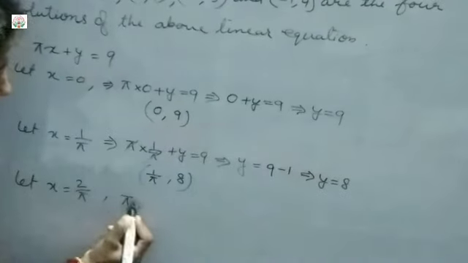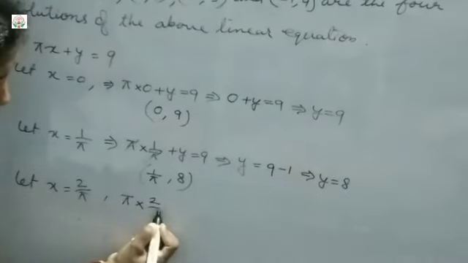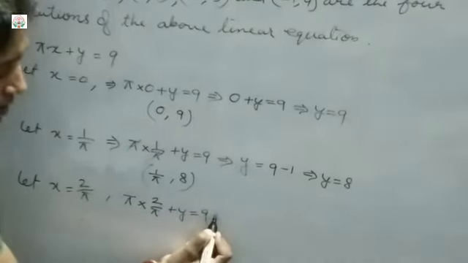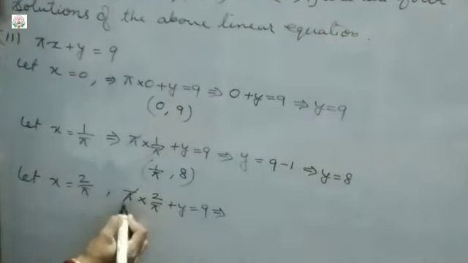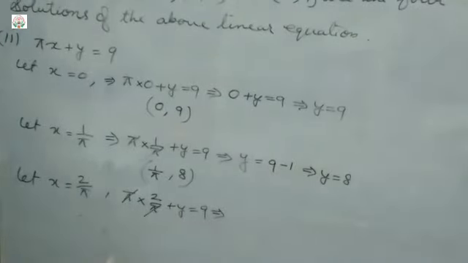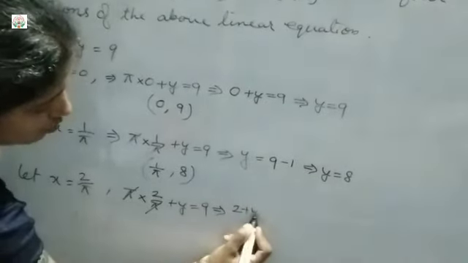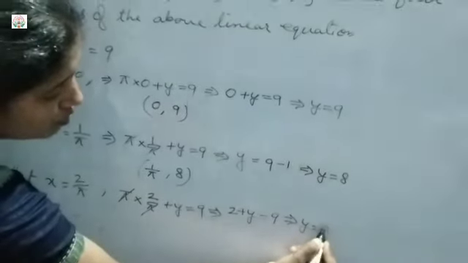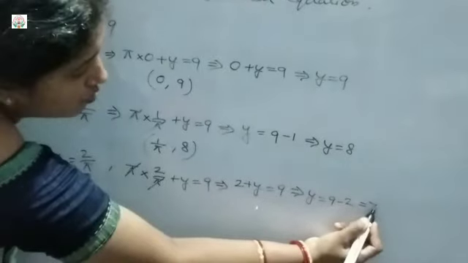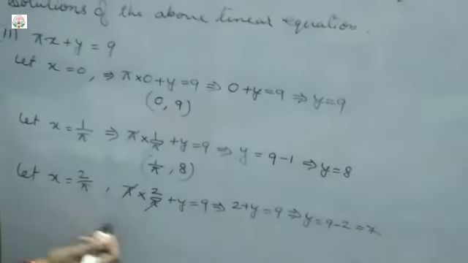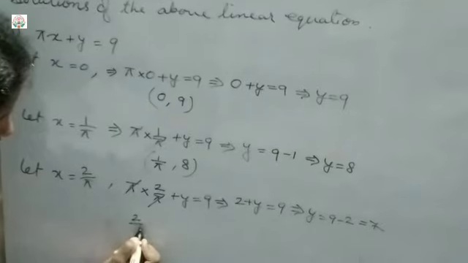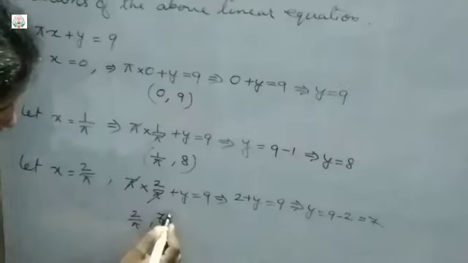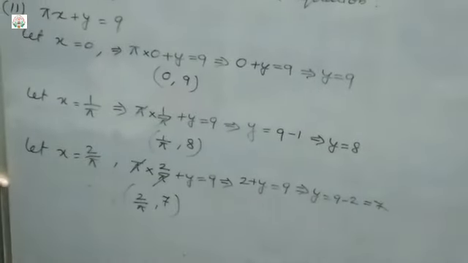So it will be pi into 2 upon pi plus y equals 9. Implies now numerator pi and denominator pi got cancelled. Now what is left out? 2 plus y equals 9. Implies y equals 9 minus 2, which is how much? 7. So now when x is 2 upon pi, what is my y value? 7. So I may write like this. This is also one of the solutions.